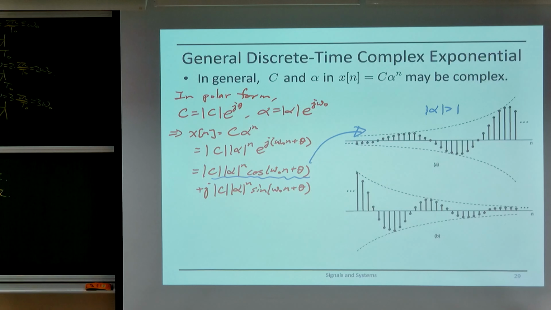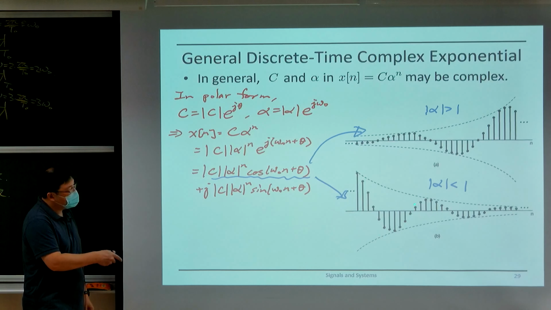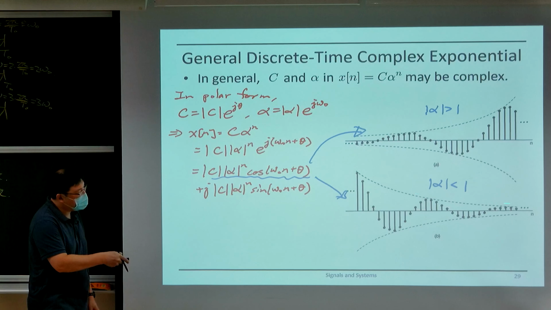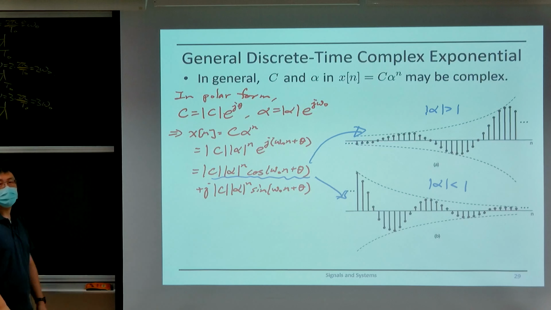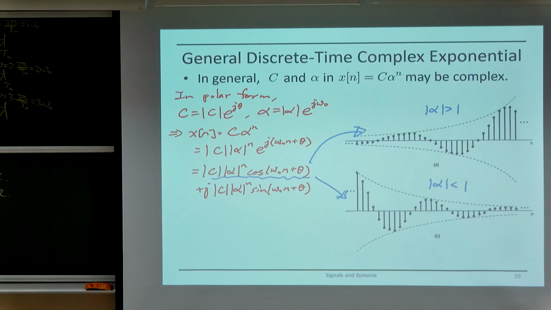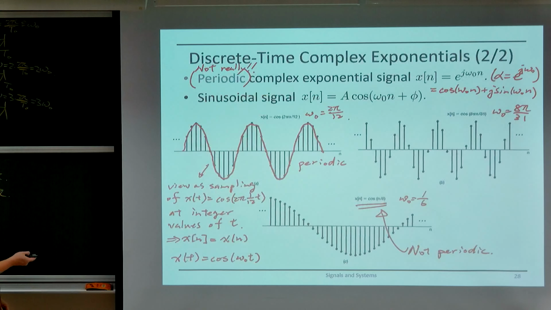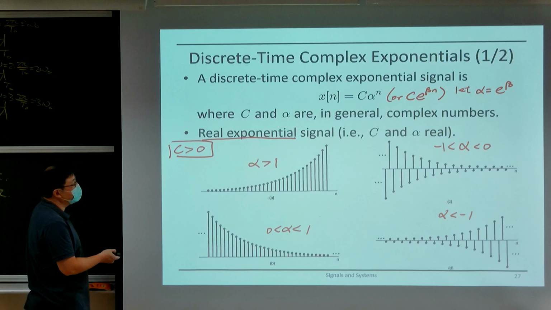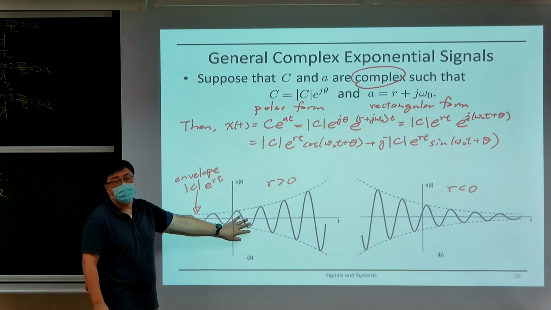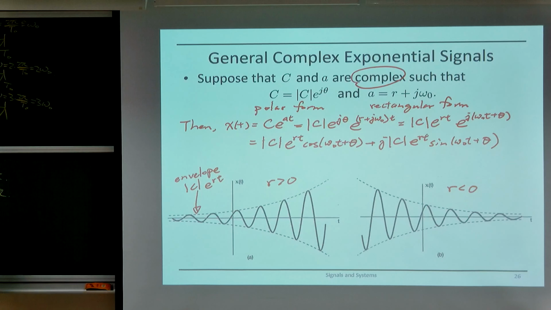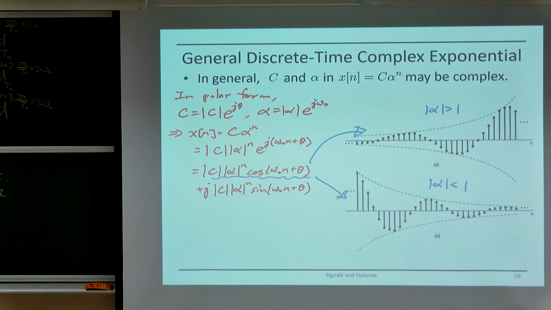And if the magnitude of alpha is less than 1, then you get this discrete time sinusoid with a magnitude that's decreasing over time. So this insight is more or less consistent with what we observed in the continuous time case. Any questions up to this point?